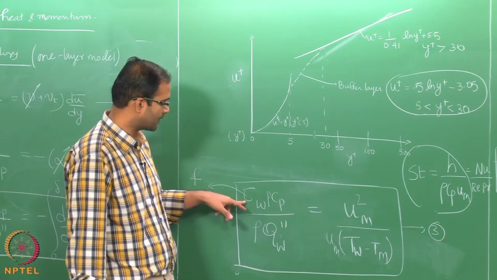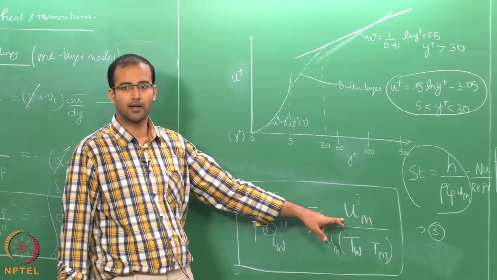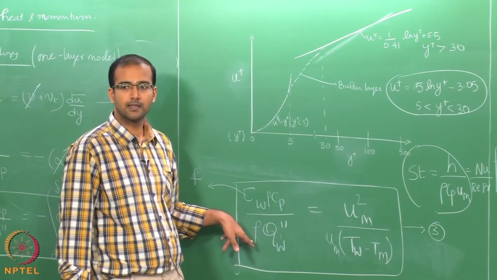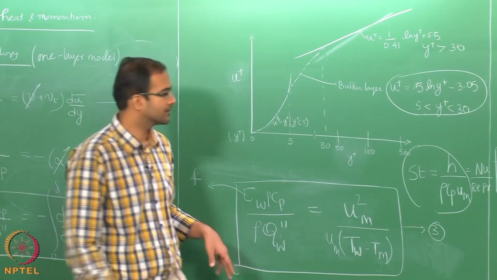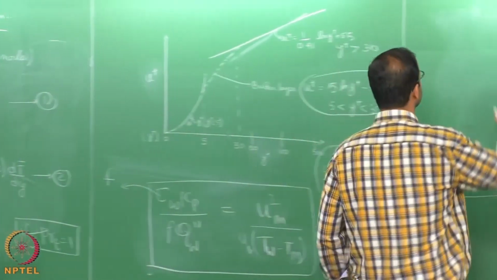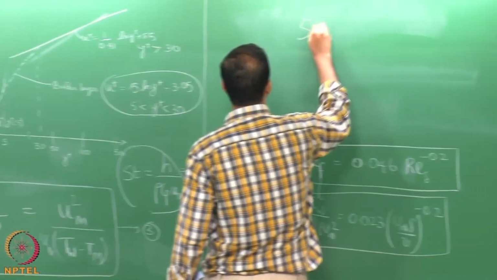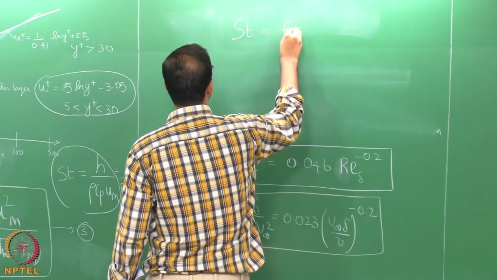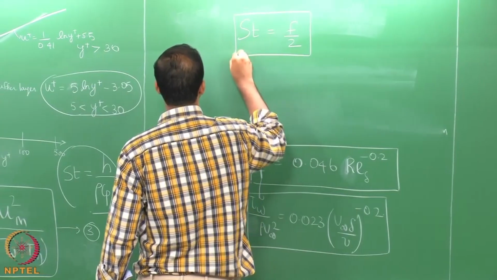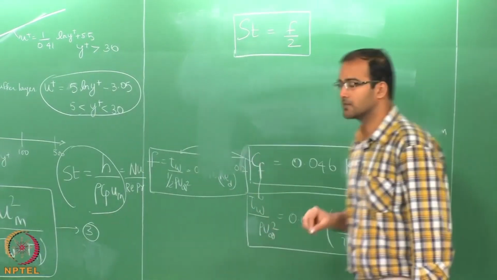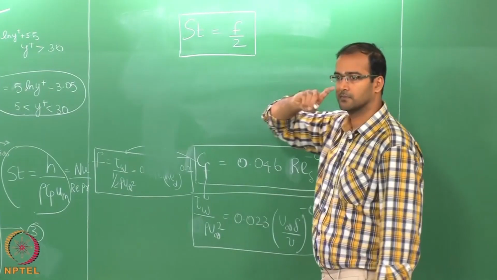And then I have tau wall by rho um square, that is nothing but f by 2, right. So, therefore, finally I get the relation in terms of Stanton number as f by 2. And what is this? This is your Reynolds analogy.